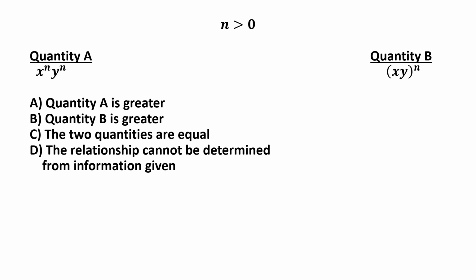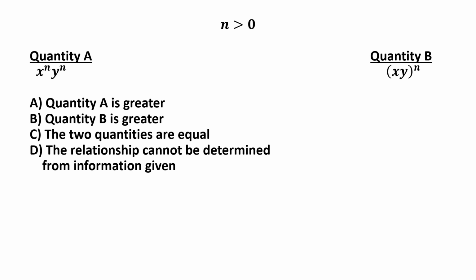But in order to have the correct choice, we have to be sure that x to the power n multiplied by y to the power n is equal to (xy) whole to the power n in all possible cases as the problem allows. And the only constraint we are given is that n has to be greater than 0.